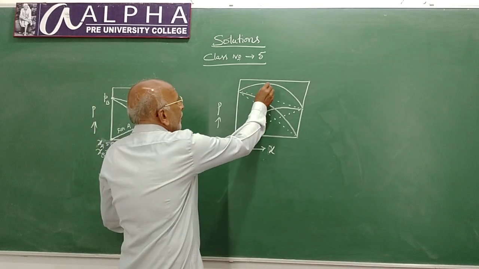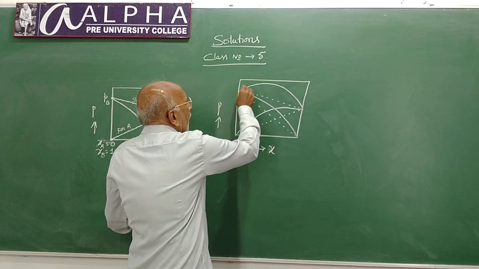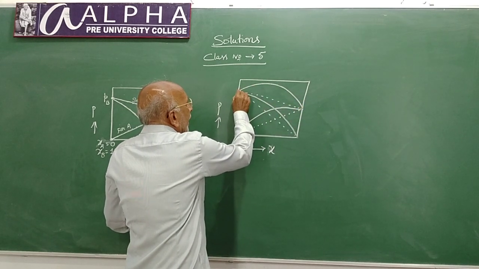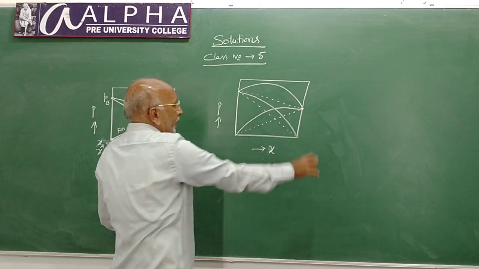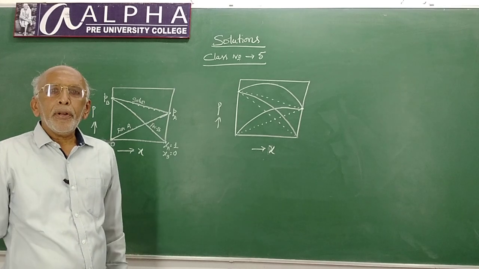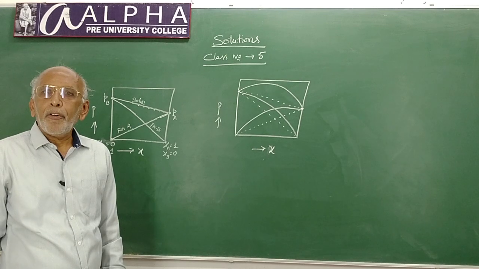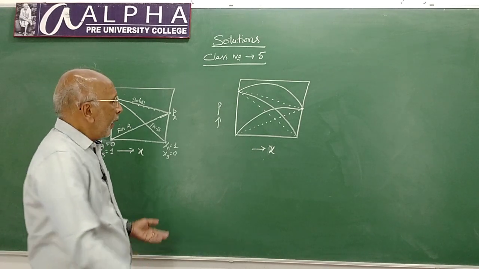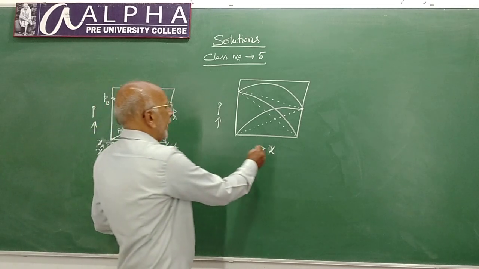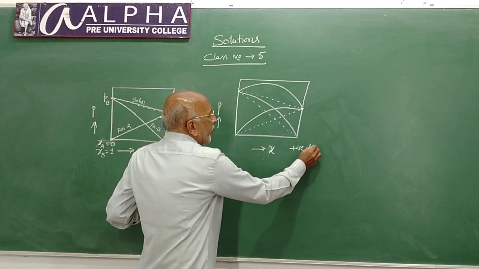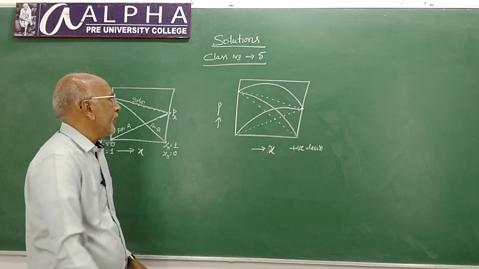Here this plot shows the combined vapor pressure of the mixture is higher than the vapor pressures of pure components, and shows a maximum at some composition. This is the case of a non-ideal solution showing positive deviation.